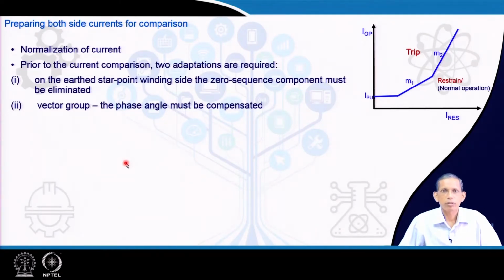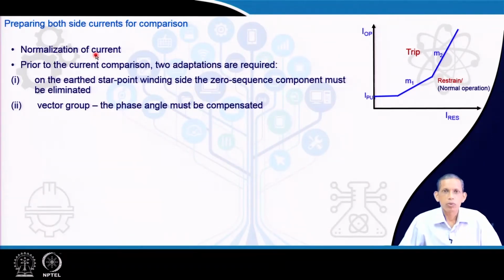Now, that happens on a phase to phase basis for each of the phases, and in any comparison, if the differential current or the operating current, as we mentioned, becomes significantly high and falls above this characteristic, then it becomes a trip decision. Otherwise, we assume that the situation is a normal operation condition and the relay does not allow any trip decision, it remains silent.